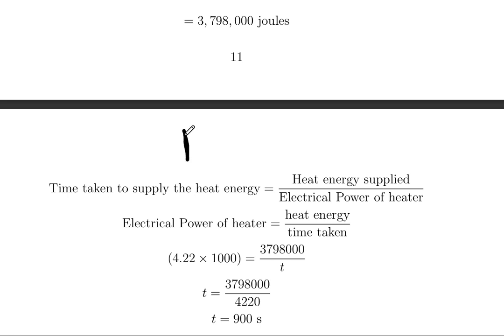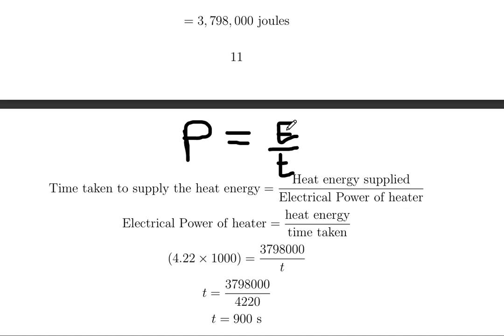I'll remind us that we know that the power supplied to the system is basically energy, which we are denoting as E, divided by the time t. We know that power is basically the rate of doing work, which is work done over time. Work done is in joules, so it can be energy over time.